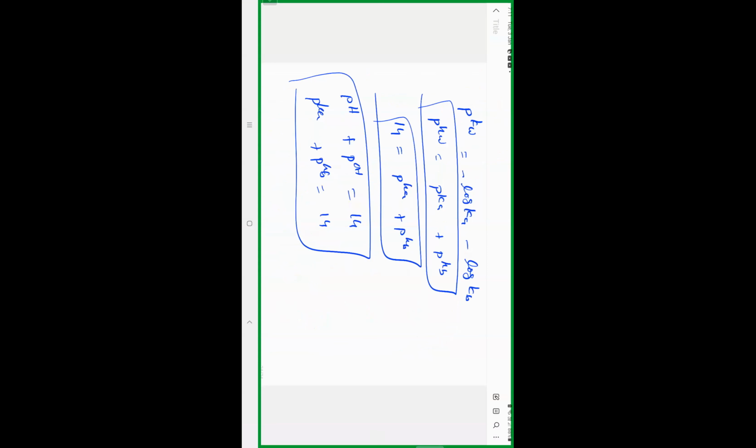Now, we are going to see about the polybasic acids.